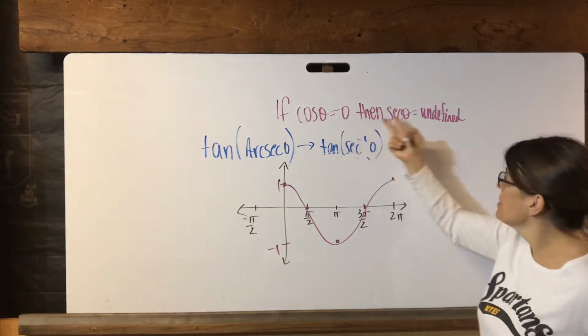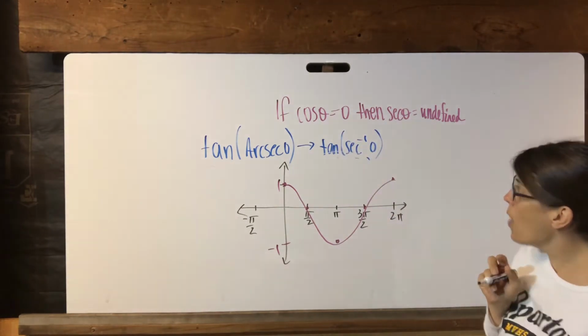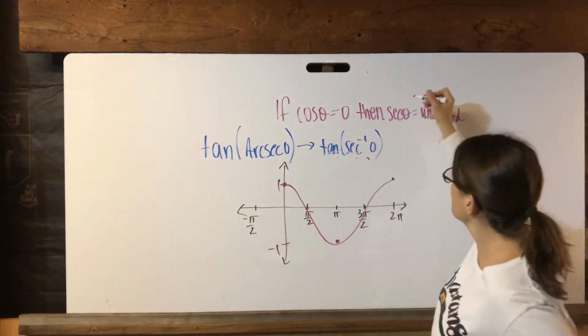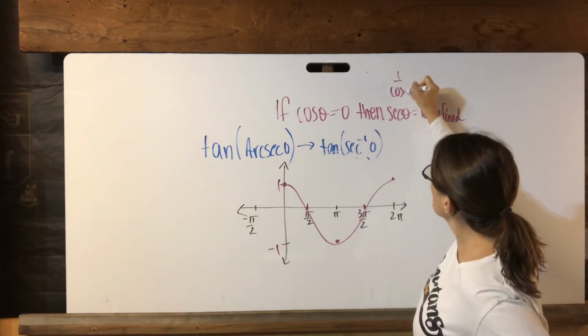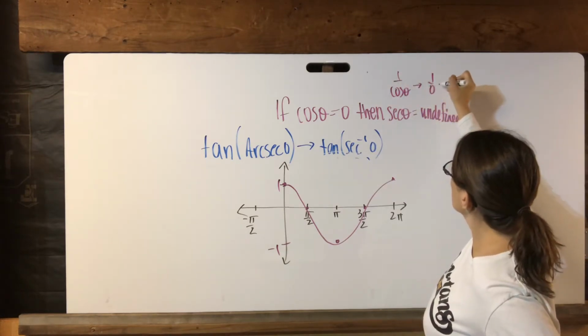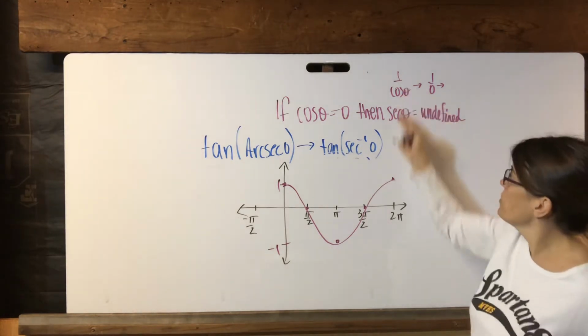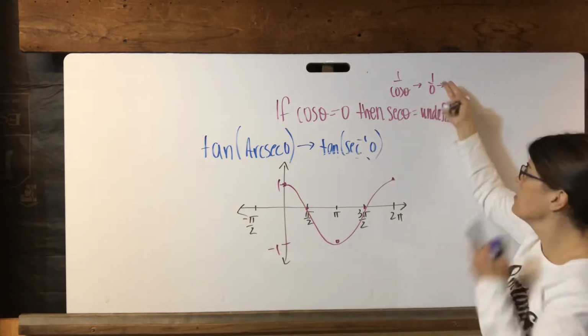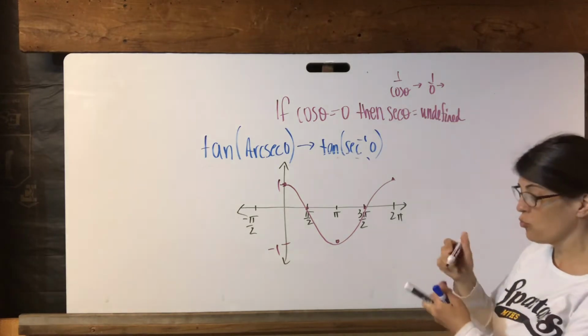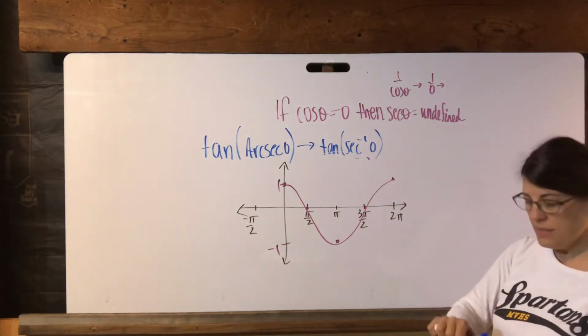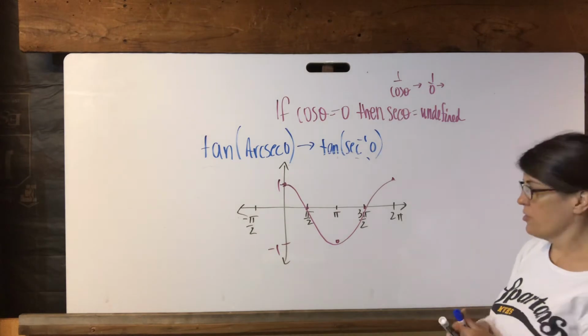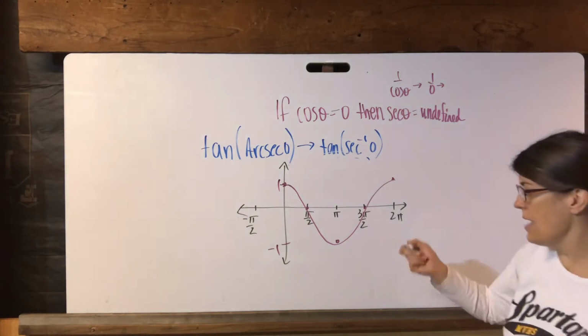Cosine is 0, secant is undefined. Why? Because secant is 1 over the cosine, 1 over 0, undefined. And on a graph, that shows up as asymptotes.